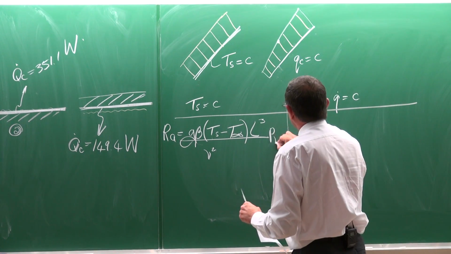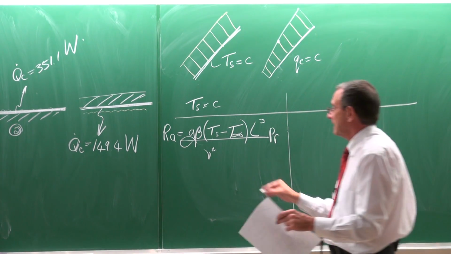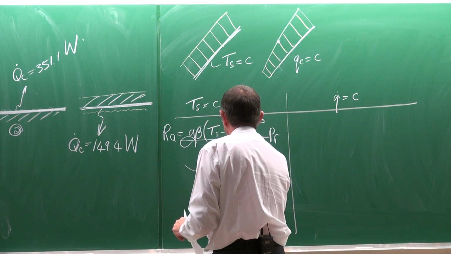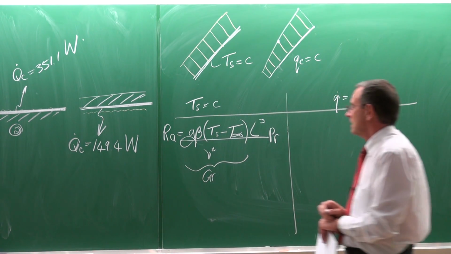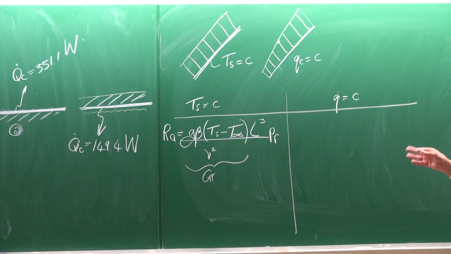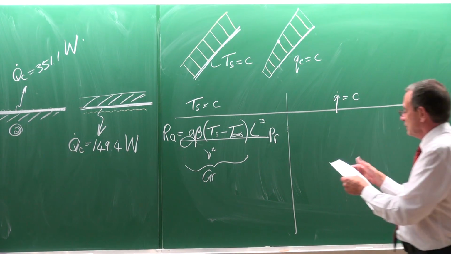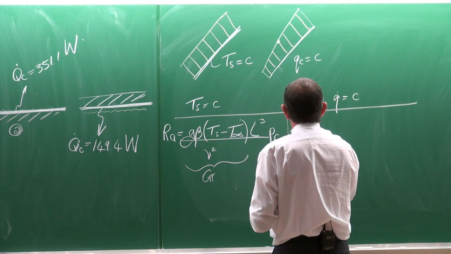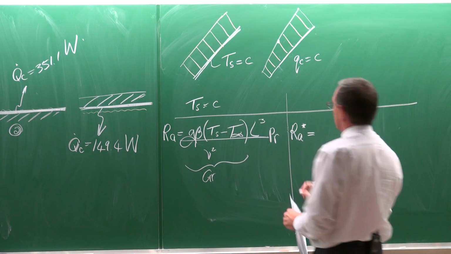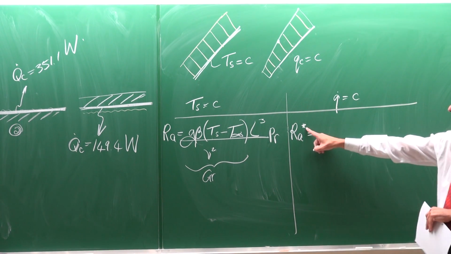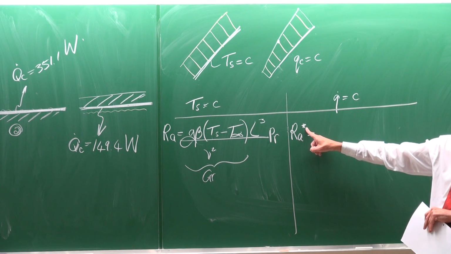You can multiply it with the Prandtl number, and that part is, of course, the Grashof number, as we've done up to now. But now what is being introduced here is this other Rayleigh number.